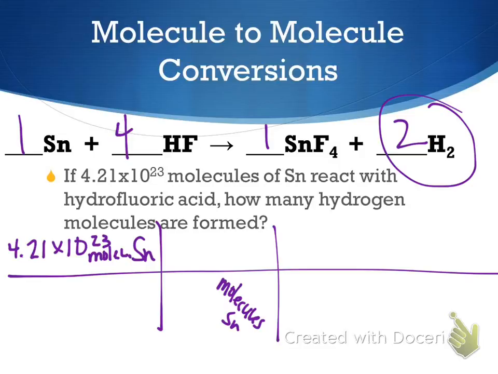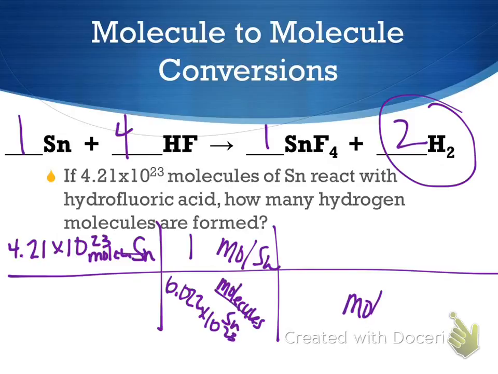So if I want to go from molecules, what do I need to go to? Moles. Moles gets the 1. How many molecules are in 1 mole of anything? Good. Okay, so I'm done with molecules of tin. I'm in moles of tin.